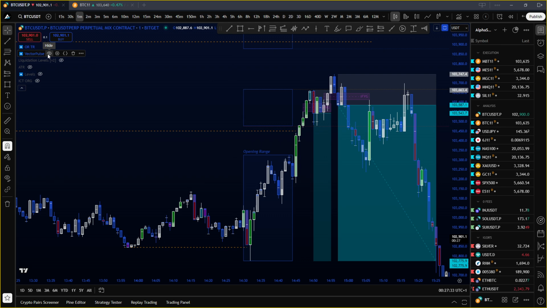and to know whether a trade is high probability or not, just based on the vector. Because generally, a candle that takes liquidity, has a gap, and is a vector, generally it's going to be a better trade.